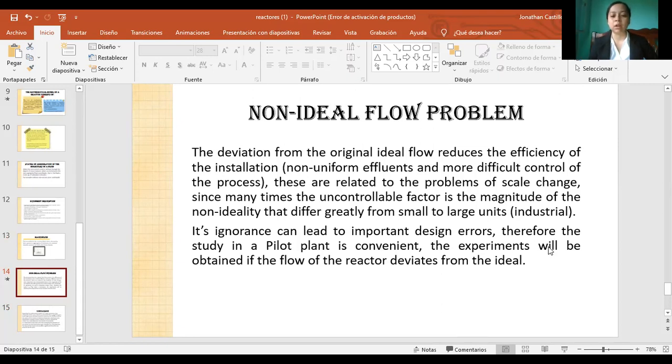Many times the uncontrollable factor is the magnitude of the non-ideality, which differs greatly from small to large units. Ignorance of it can lead to important errors when the pilot plant is scaled. The experiments will show results if the flow of the reactor deviates from the ideal.